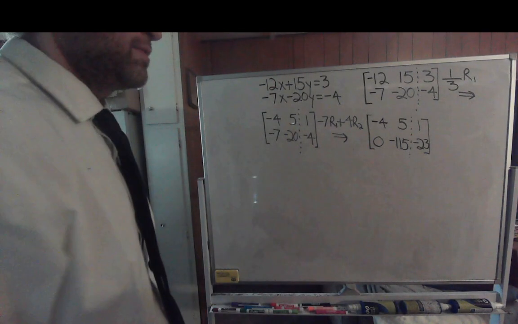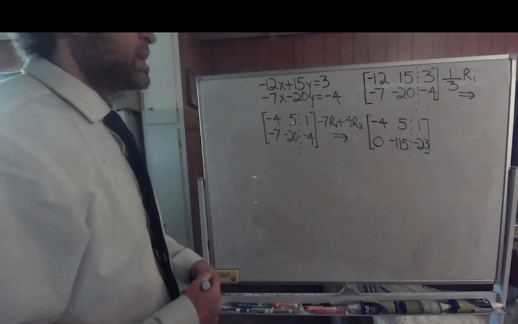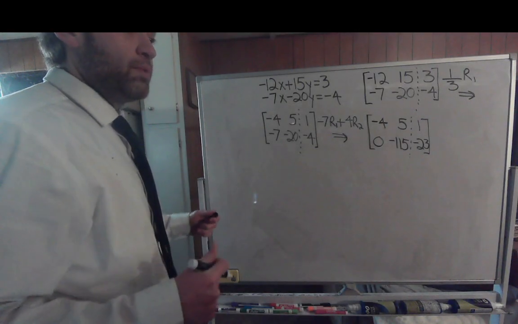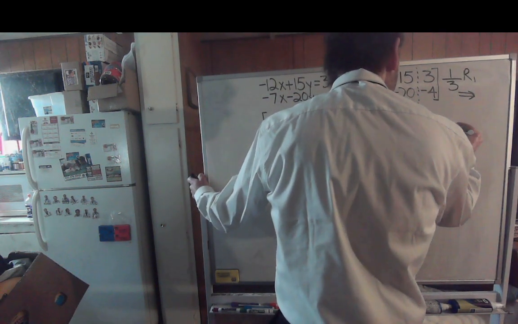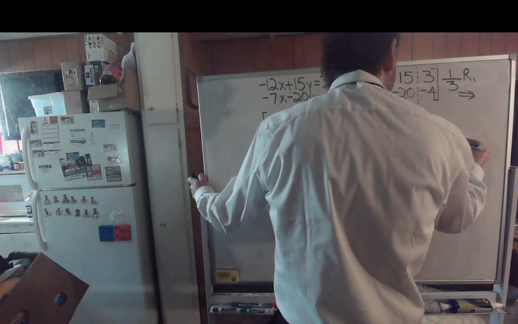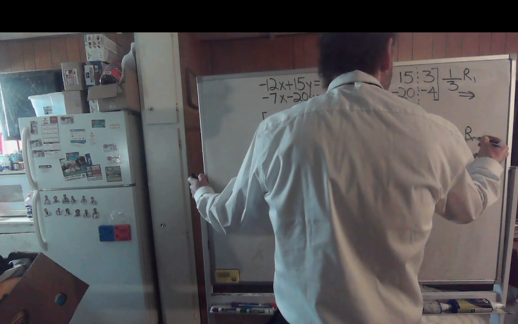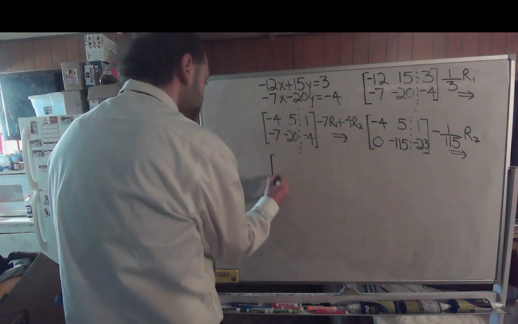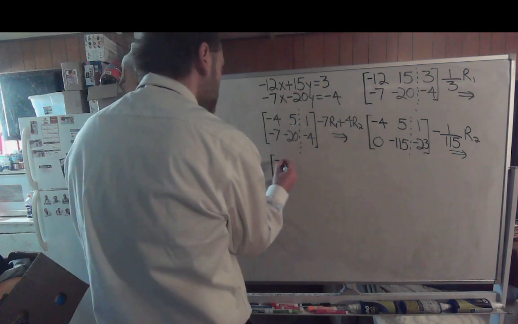It should be positive 1. So that means we're going to have to take negative 1/115th of row 2. So let's go ahead and do that. Alright. So once again, for the time being, leave row 1 alone.